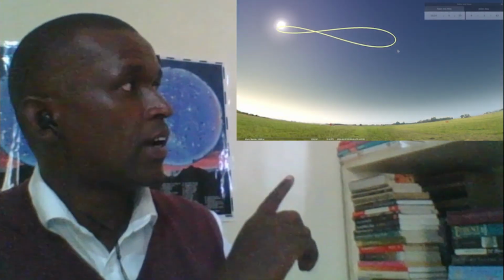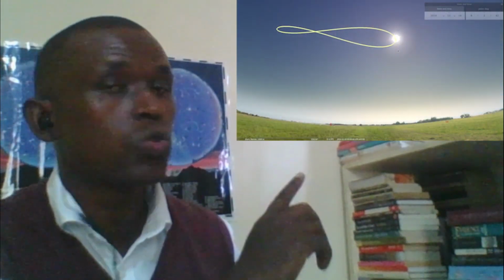If you want to define it, you can say something like this. A solar analemma shows the sun's varying position at the same time over a period of 1 year. Or, another definition: a solar analemma is the position of the sun in the sky at a single fixed location throughout the year. This animation basically shows you what we refer to as a solar analemma.